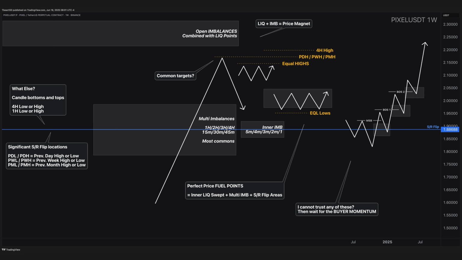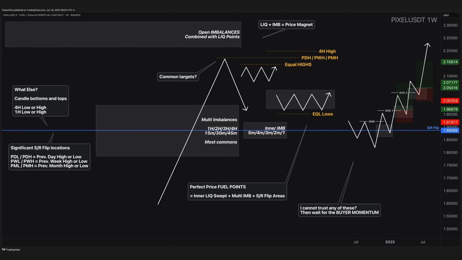Let the price go first. Let it make the first MSB, the market structure break. So the idea here is to skip the MSB and wait for the first break of structure, the BOS, and then start trading. Because this time price is more likely to hunt the targets above. This can give you more confidence and trust in the upwards momentum.